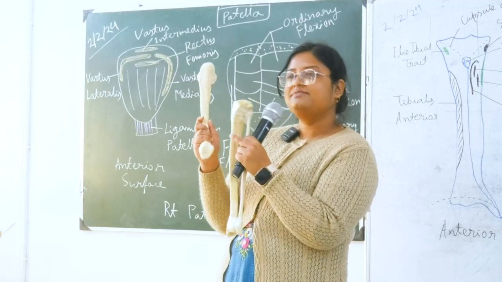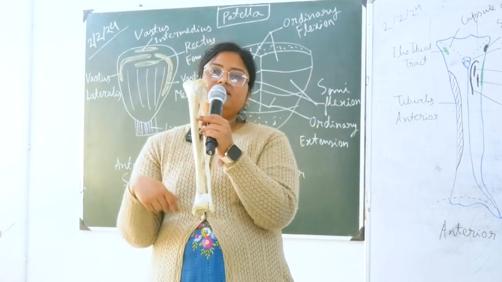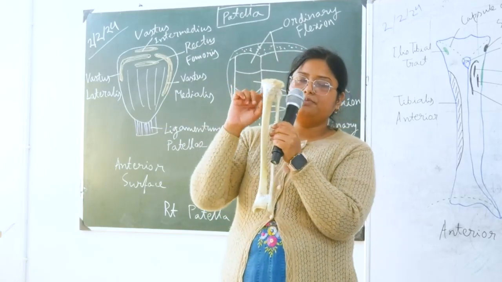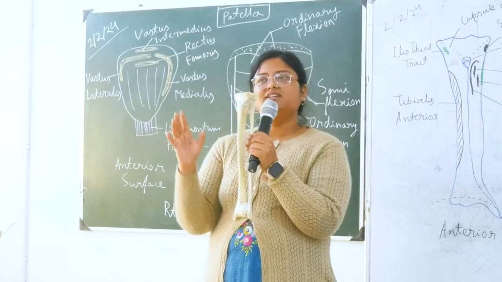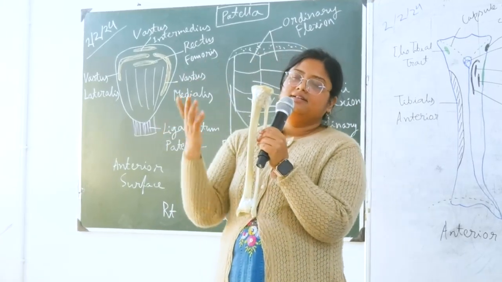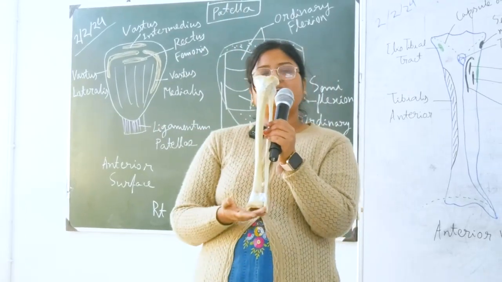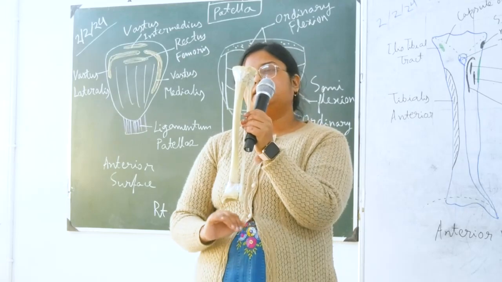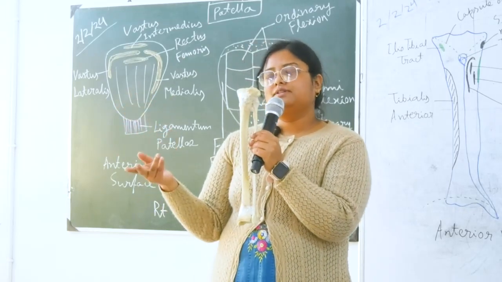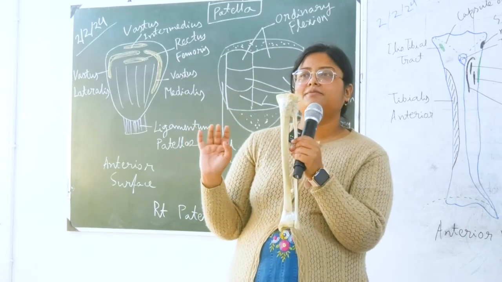So this is a fibrous joint. Three tibiofibular joints are present: superior, middle and inferior. So these are the articulations of tibia. The upper end articulates with the femur, the lower end with the fibula and talus. This can be asked in your viva: what are the articulations of tibia?